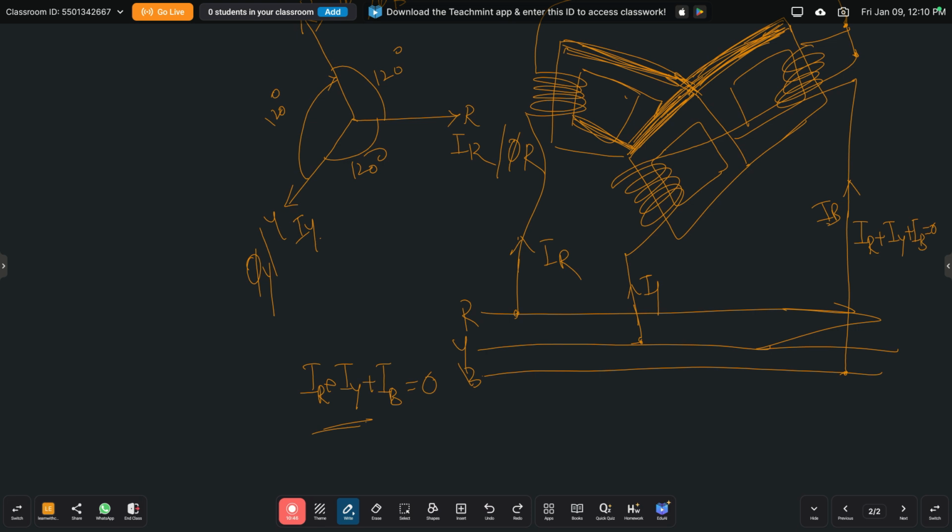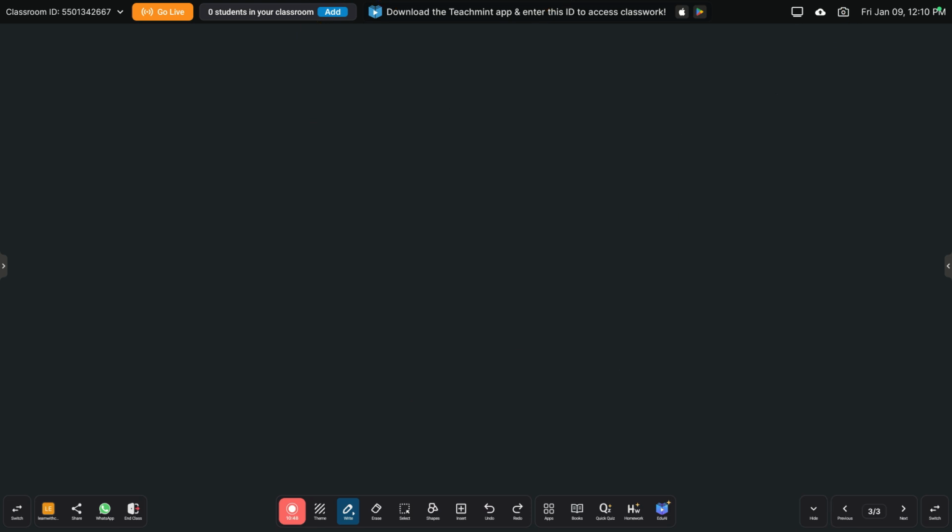Now, this is the last topic of the transformer: the three phase transformer connection. It is very, very important. In the three phase transformer connection, we have a three phase system.